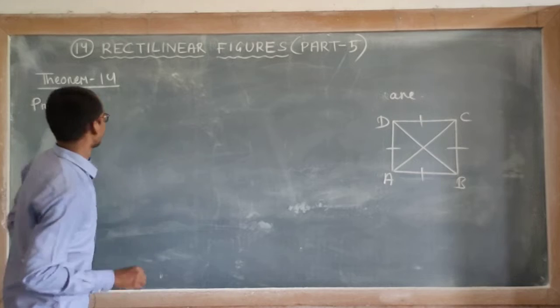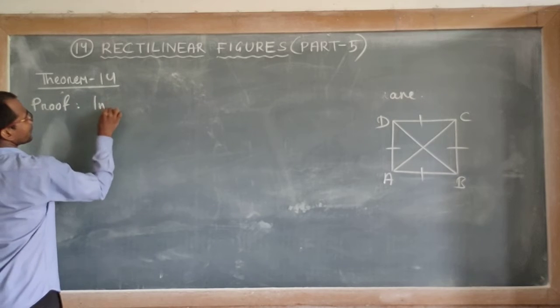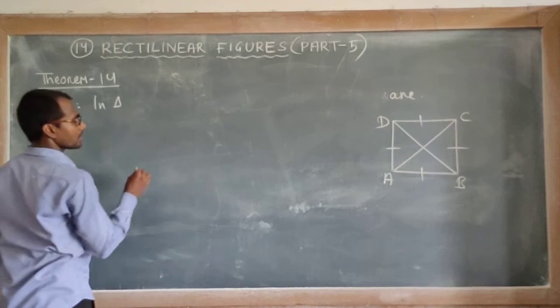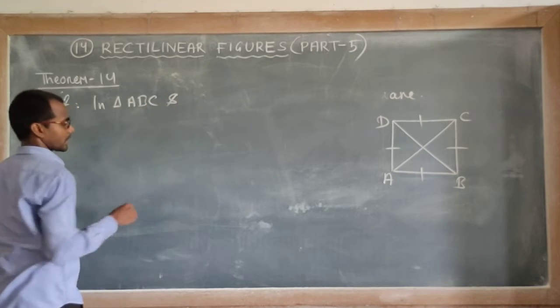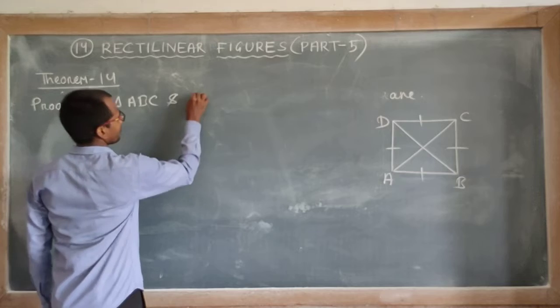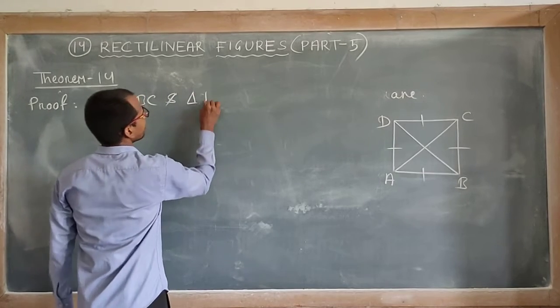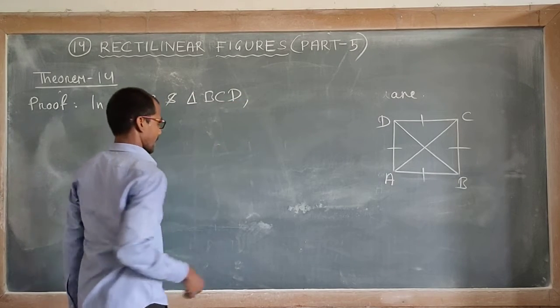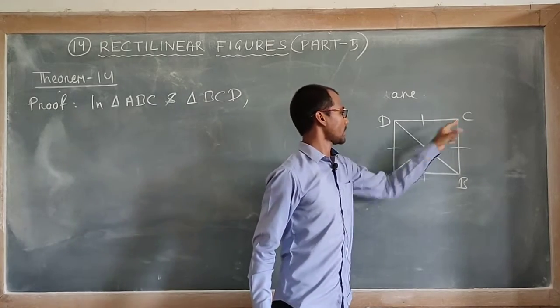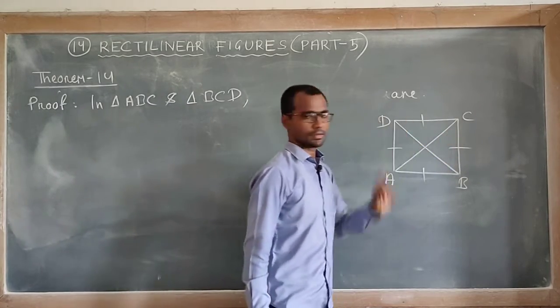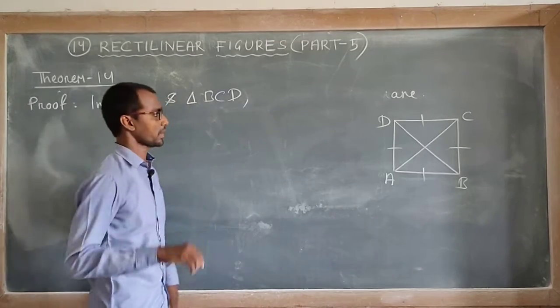For that we need congruency in triangle ABC and triangle BCD. Look at the two triangles ABC, BCD carefully.